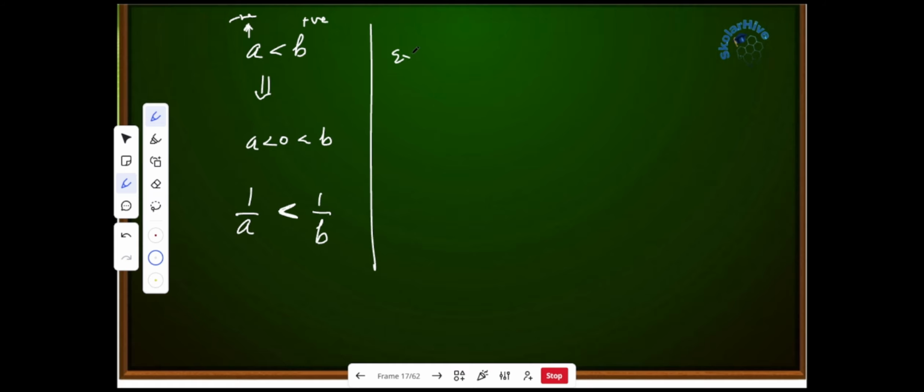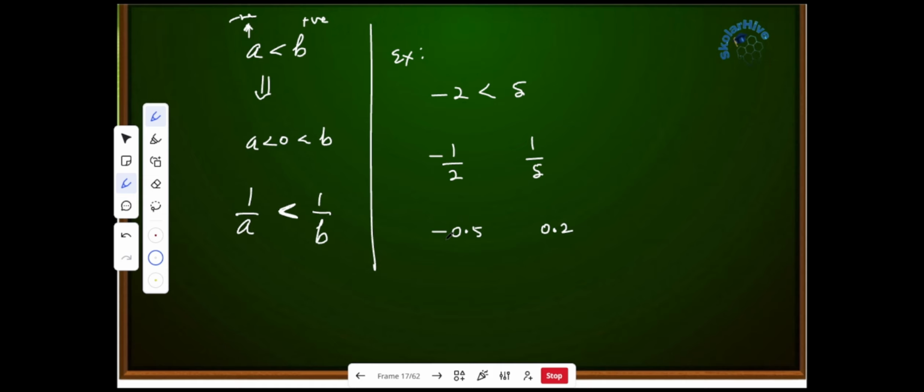For example, let's say we are given -2 less than 5. If we take the reciprocal of -2, this will be -1 upon 2, and the reciprocal of 5 is 1 upon 5. Here -1 by 2 is nothing but -0.5, and this is 0.2.